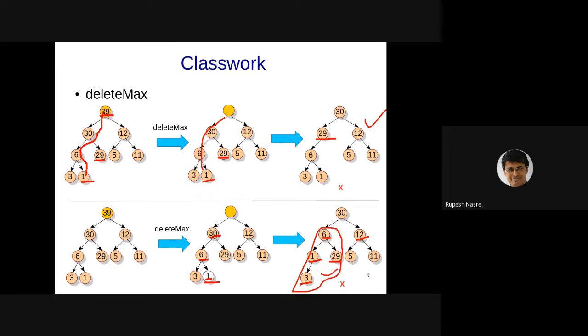At 29, I see. But if I create a hole there and percolate it up, that is probably going to cause structural violation, because 29 will move up and then we will have that hole created there.